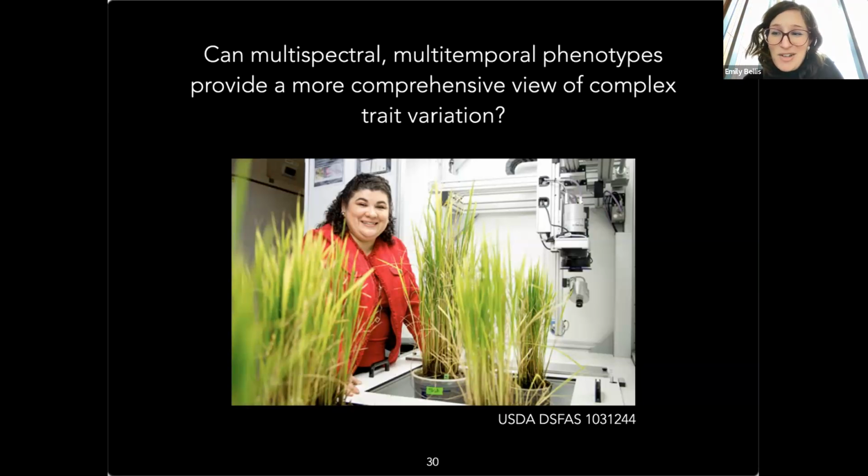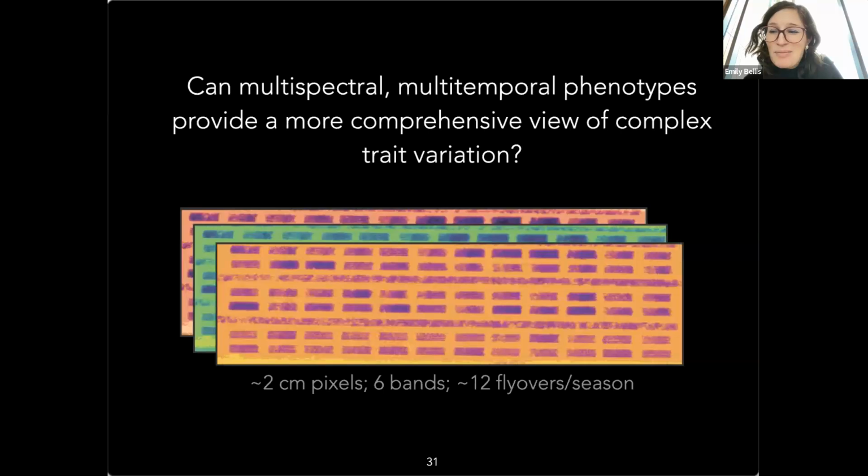I don't have any data to share with you about that yet, but I do have some results from an ongoing project with my former master's student at Arkansas State University, looking at drone data as a way to capture complex phenotype information. This is data from a field season where we have about 12 flyovers during the season.